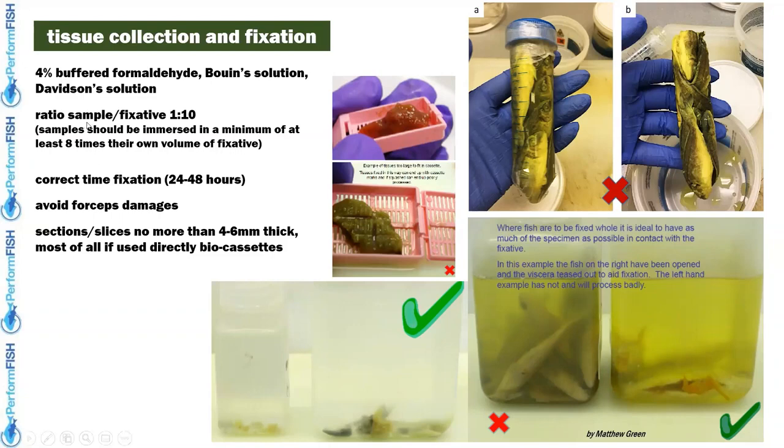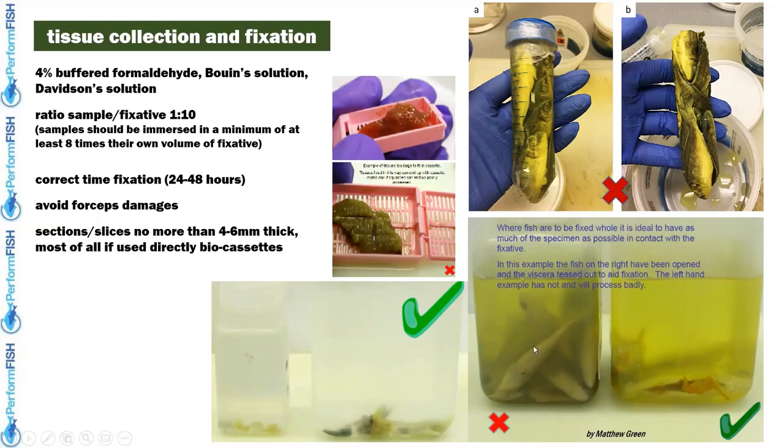The correct sample to fixative ratio is 1:10, or at least 8 times the sample volume of fixative. In the picture, you can see some examples.